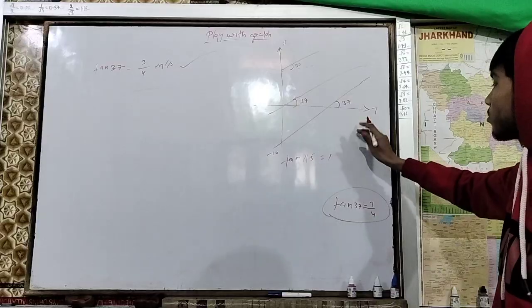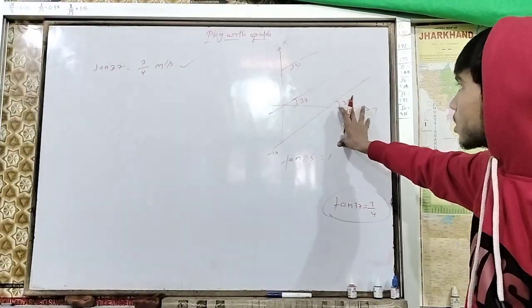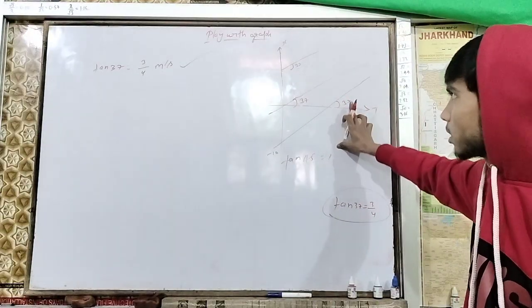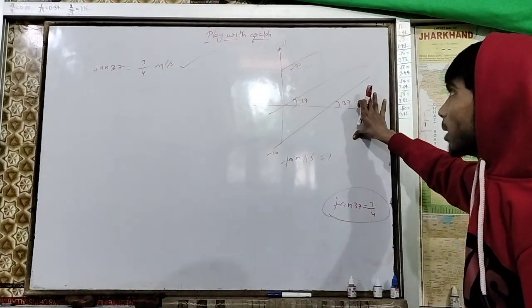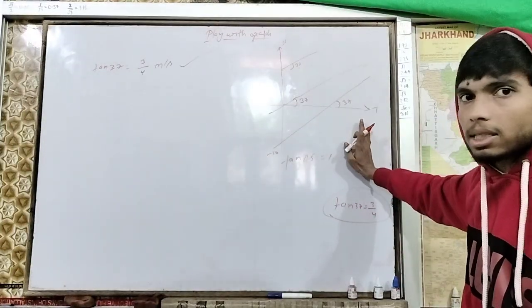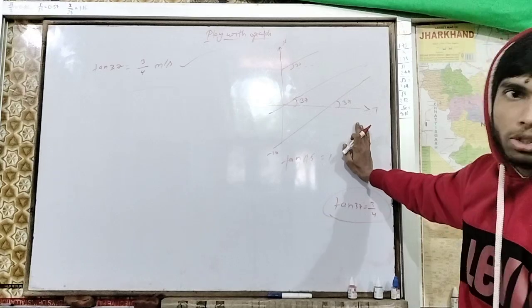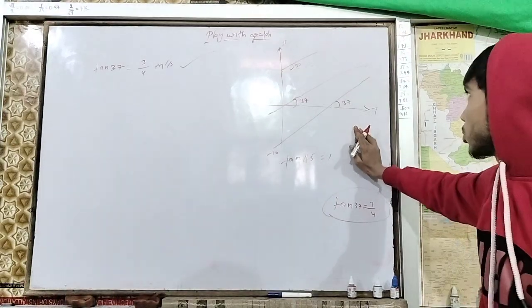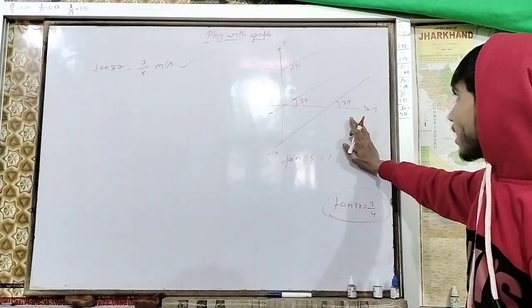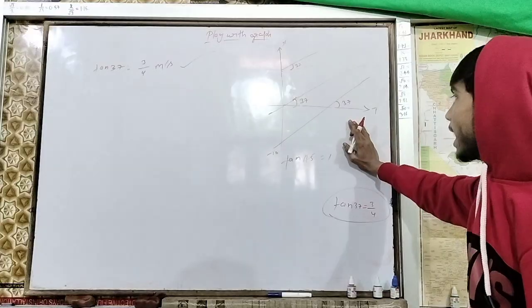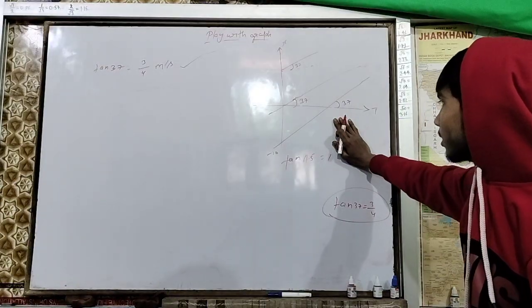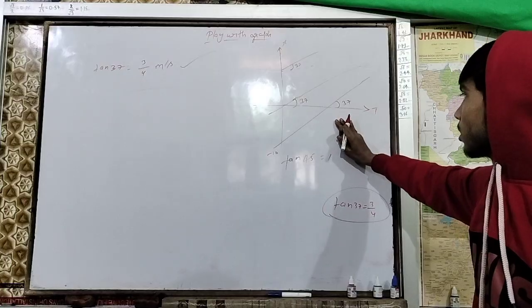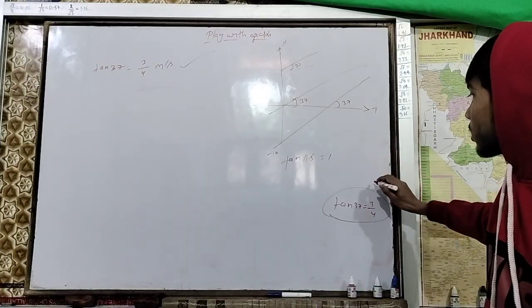In this case, I know this is coming in the third quadrant. This first, this second, and this third. It doesn't matter. The angle will matter. The angle is 37. The amount of rotation of the angle is 37 degrees. As we know, tan 37 degrees is nothing but 3 upon 4.